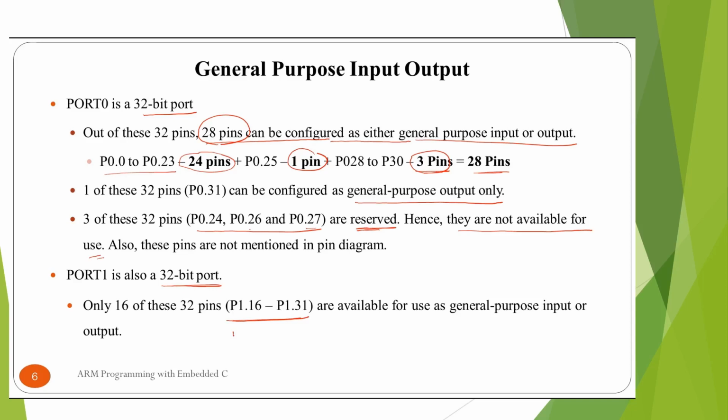That is port 0, 0th pin to port 0, 23rd pin. So you have 24 pins, and port 0.25, one more pin, and port 0.28 and port 0.30, 3 pins.